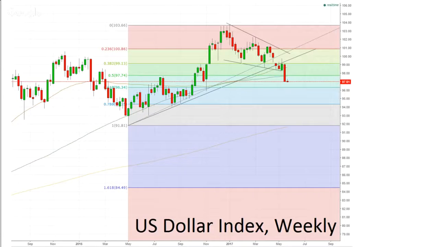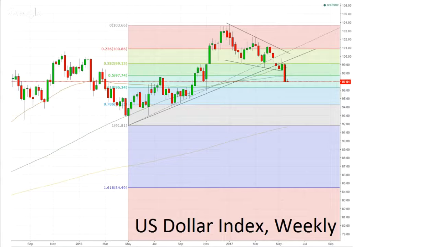So our targets lie at 96.30. This is 61.8% Fibonacci retracement of 2016-2017 advance, the next Fibonacci level we target. And at this point, there should be some support, I guess. At this Fibonacci level, the next level will be 96, and then we'll target levels around 95 and 94.70, which is the target of the triple top.